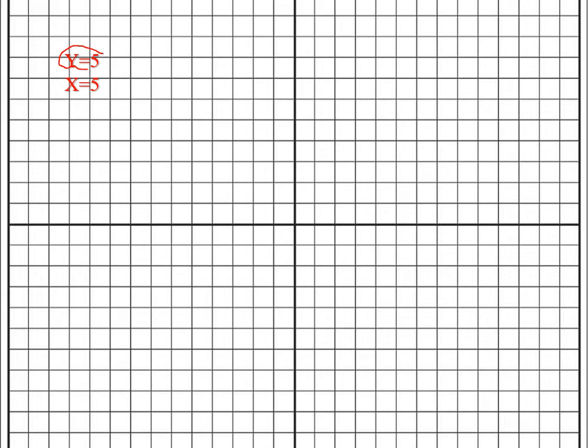All right, now here are two special cases, y equals 5 and x equals 5. In this slope-intercept form, you can see 5 is our intercept, and there is no slope. So this is a straight line, and it's our horizontal line, because y is always equal to 5. So x equals 5, this is a special case. This is saying that the slope is undefined here.